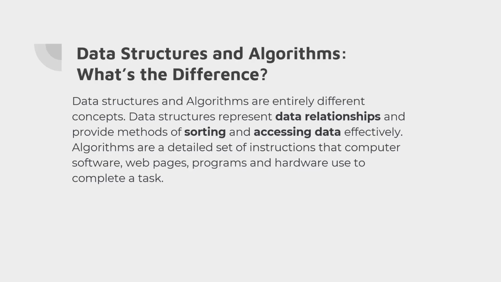And then lastly, data structures and algorithms. What is the difference between data structures and algorithms? If you'll be dealing with more algorithms in machine learning, but for now, data structures and algorithms are entirely different concepts of analyzing data.